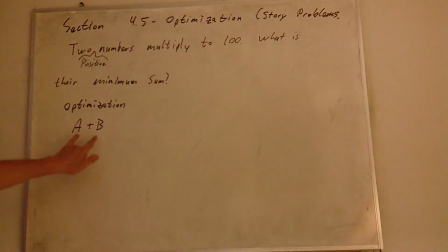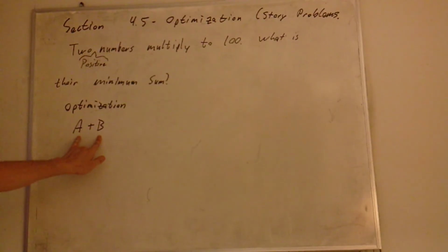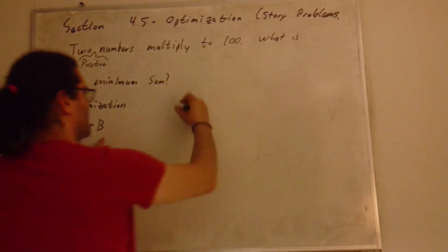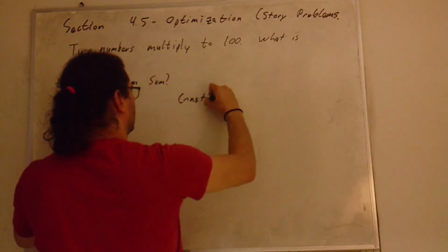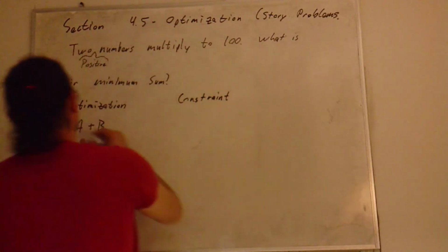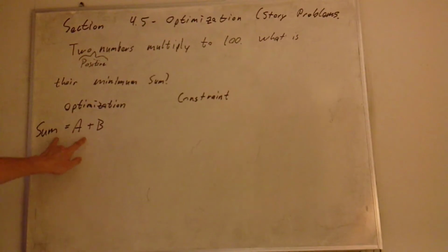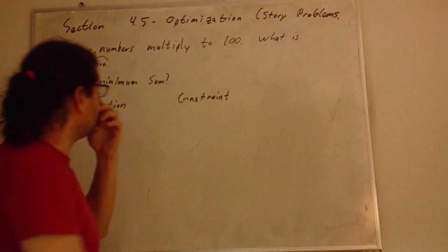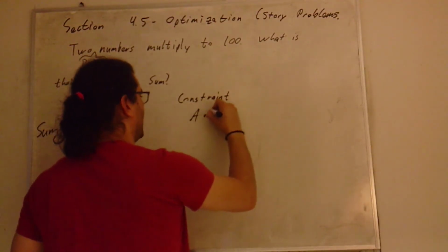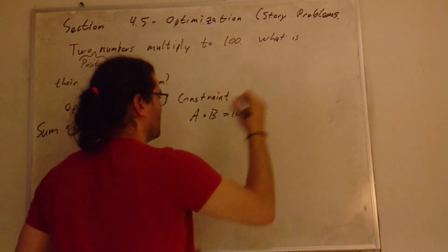I want to minimize this, the sum of two numbers. I'll say that this is the sum. Sum equals a plus b. This is what I want to minimize. The constraint is a times b equals 100.